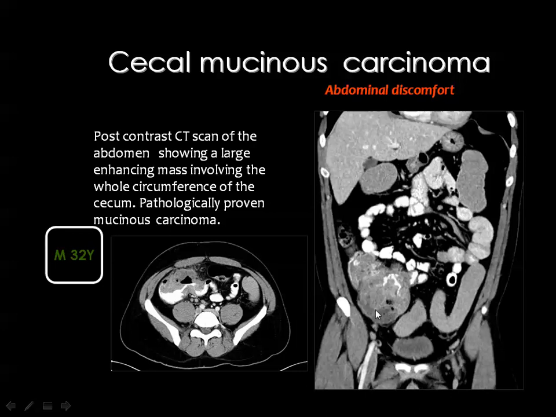Some of the books say that carcinoma is usually responsible for fat stranding around the affected segment of the colon more than inflammatory conditions, but I didn't see that in clinical practice. I usually feel that inflammation is more responsible for fat stranding than carcinomas.